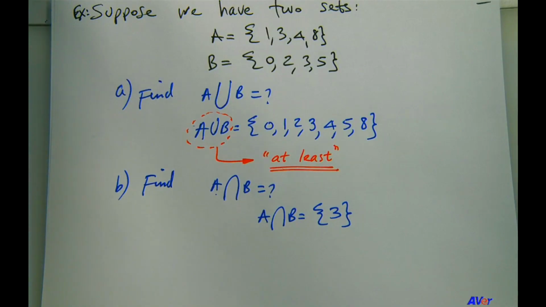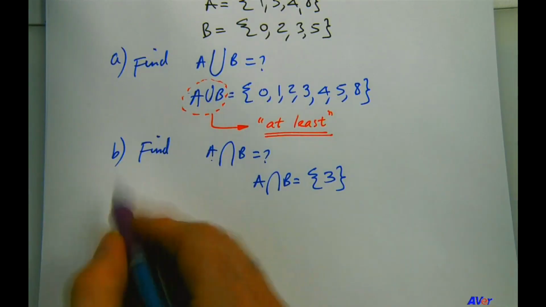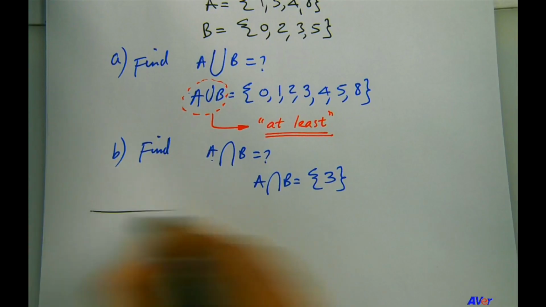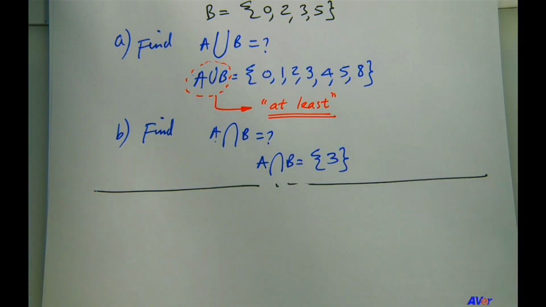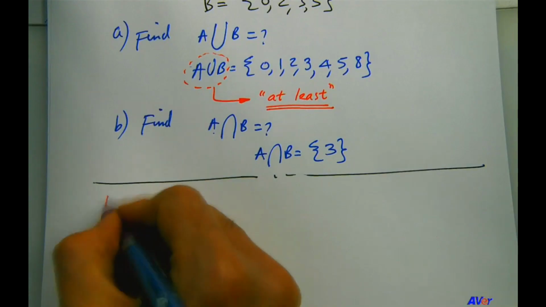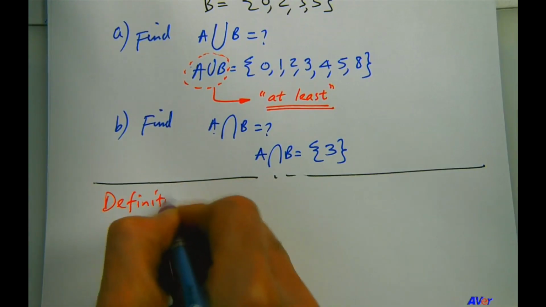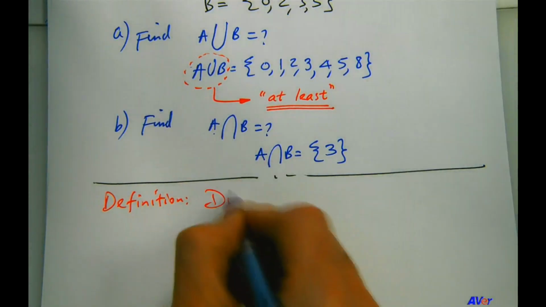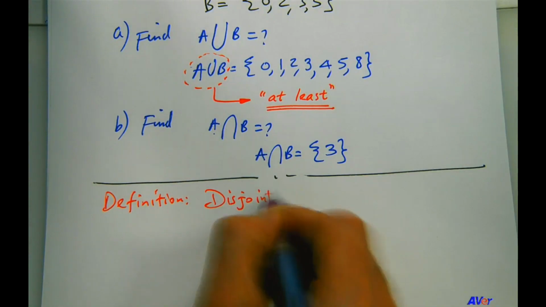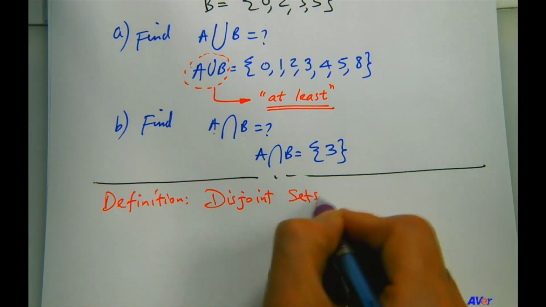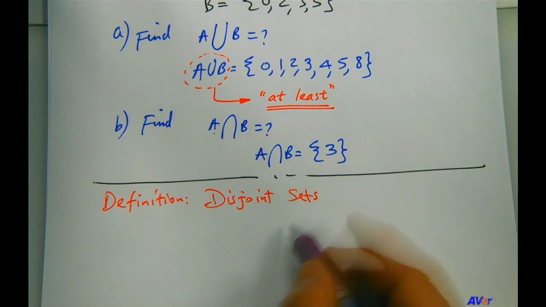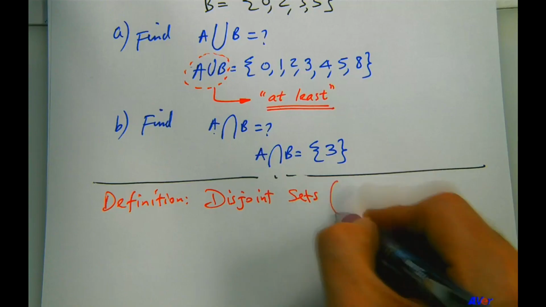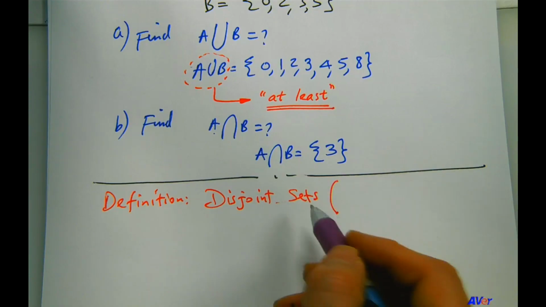So let's go to the next definition, which is the disjoint sets. Okay, so definition. Disjoint sets, and this has another name, another very famous name.